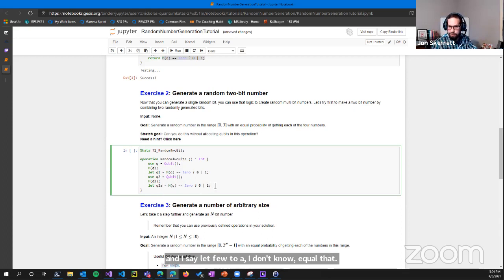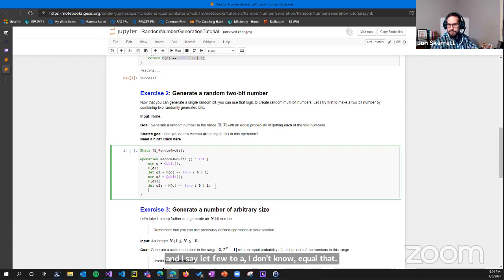So then we just do our math here. So basically, we're going to say if the first one is a 0, then that only gives us the ability to have a 0 or a 1 on the other side, right?